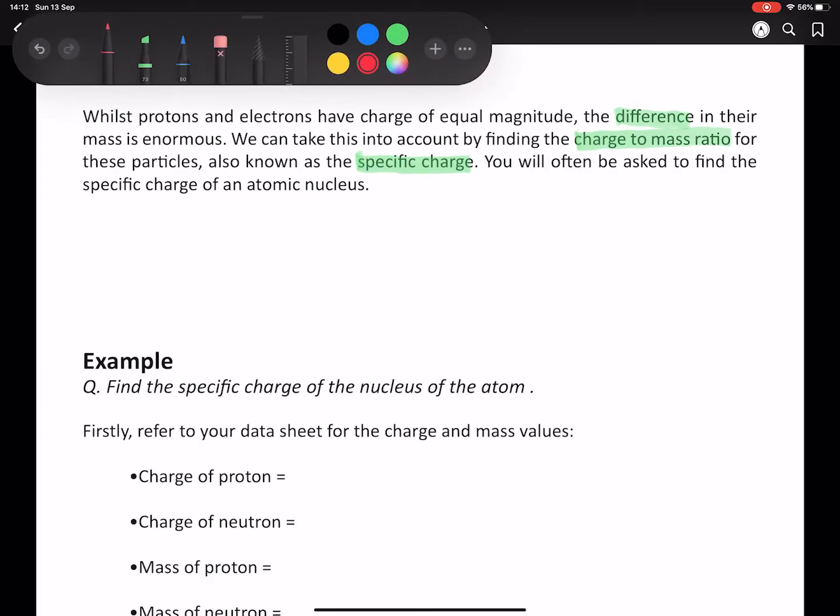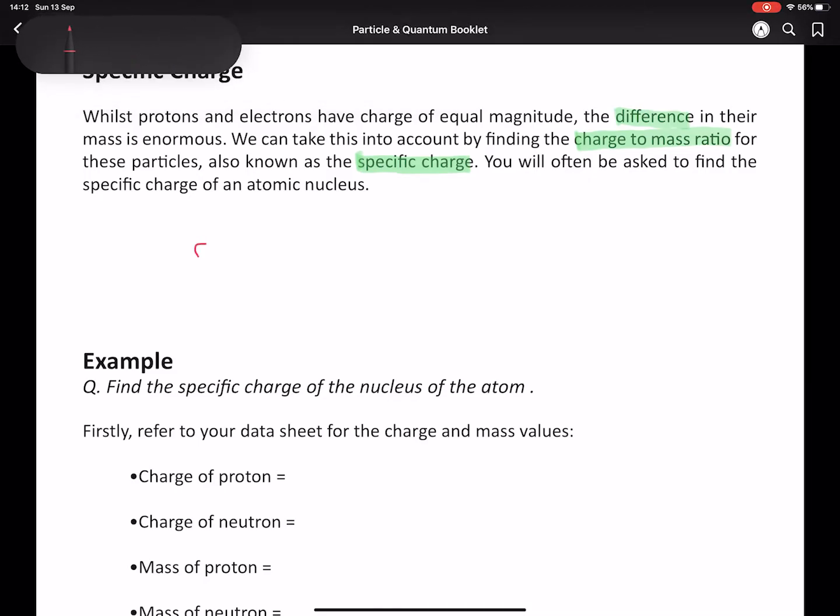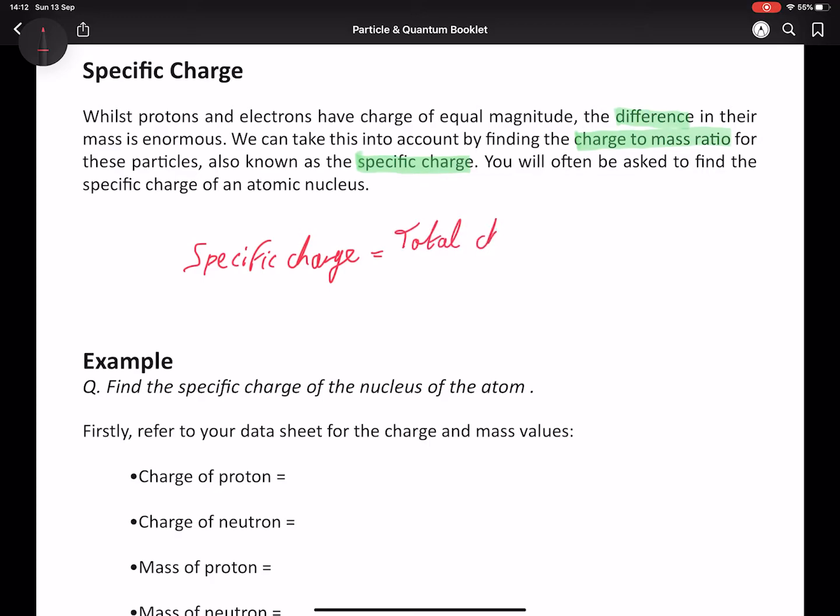Now be aware, in questions they can and will alternate between referring to this as charge to mass ratio and specific charge. They are the same thing, so it doesn't matter which one you write, they will try to catch you out by varying it.